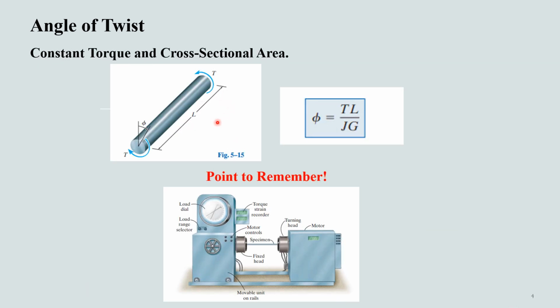Usually in engineering practice, the material is homogeneous so that G is constant. Also, the shaft's cross-sectional area and the external torque are constant along the length of the shaft.